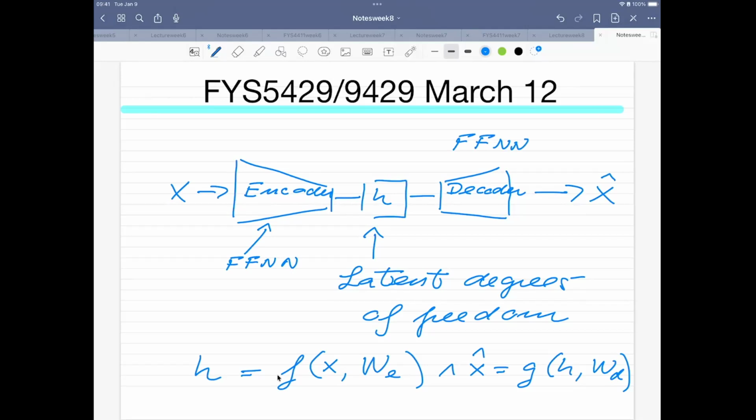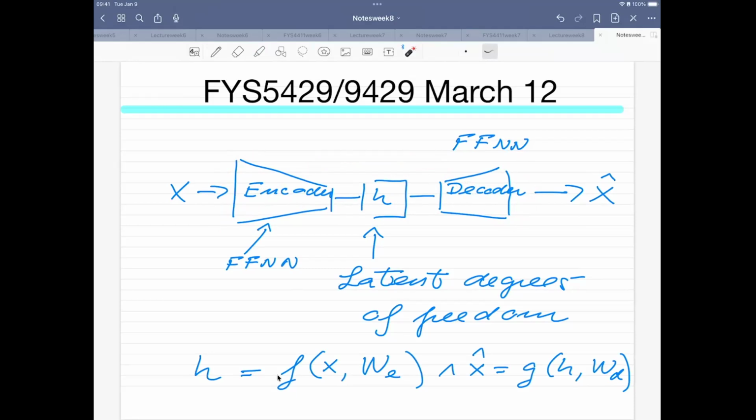Then it will be symmetric where you start the decoder. And at the beginning, like here, you could have, let's say, 1,000 nodes and 1,000 nodes here. You step this down with a given number of hidden layers, and then you encode the information in only 10 nodes. Then this is symmetric here with another 10 nodes. And the layers here are typically symmetric in the decoder with the encoder. That's a typical structure which is set up.